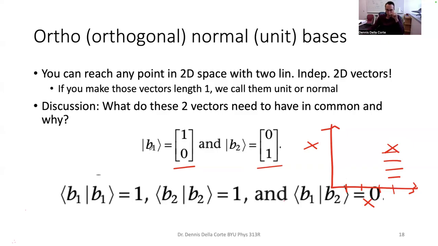Okay, so the cool thing about these 2 vectors is if they are what they claim to be, which is unit vectors and orthogonal, then their bracket product with themselves needs to be 1, because for unit vectors, the bracket product is 1, both of them. And the bracket product between them has to be 0.